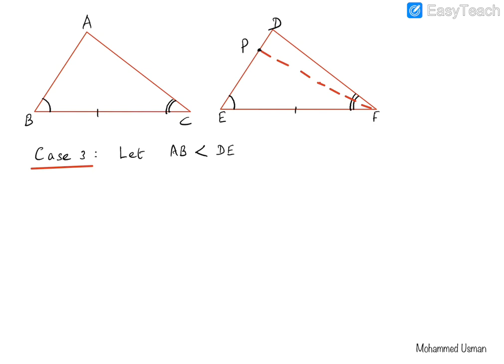So take a point P on side DE, such that PE equals AB.